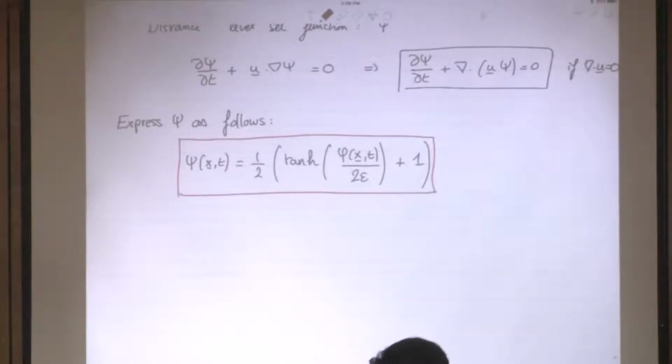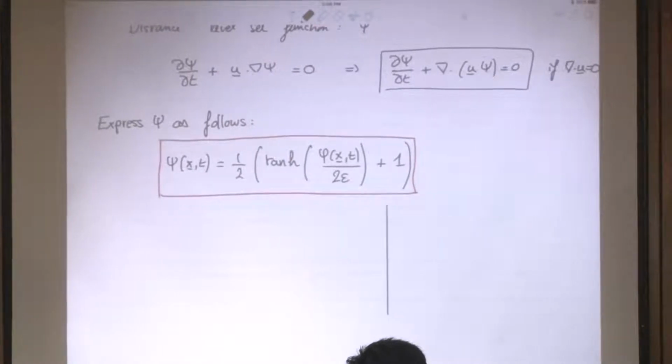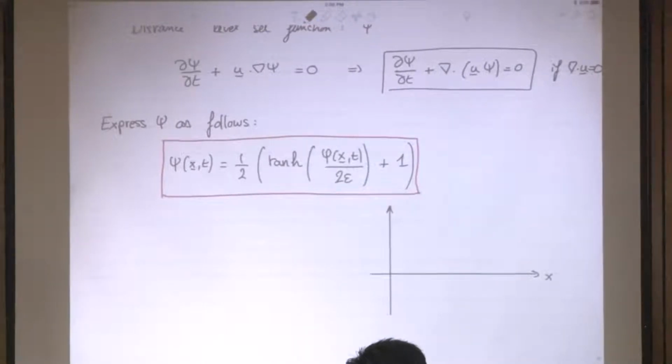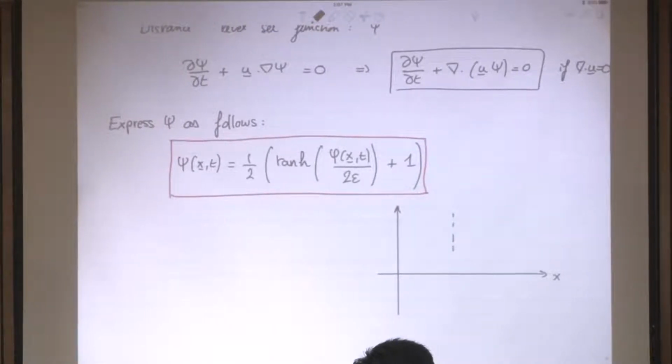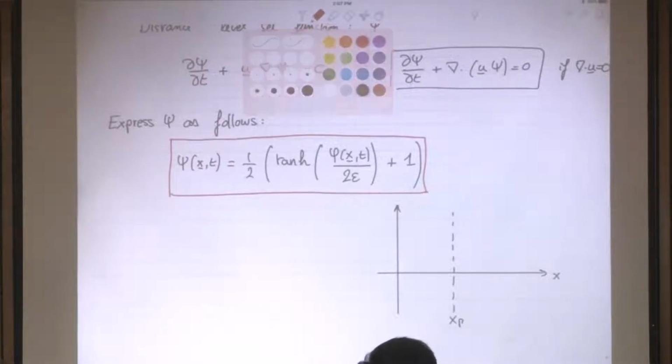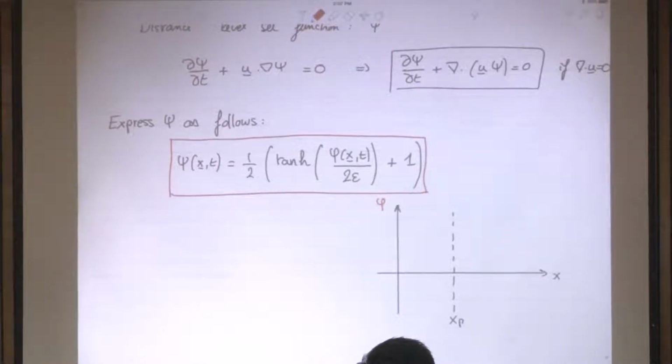So what does it look like? Well, if I plot in 1D, if I put an interface right here, so this is my x gamma. My distance level set, we know what it is. My distance level set phi looks like this.